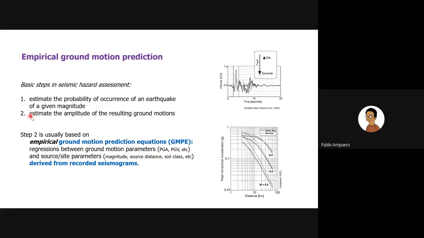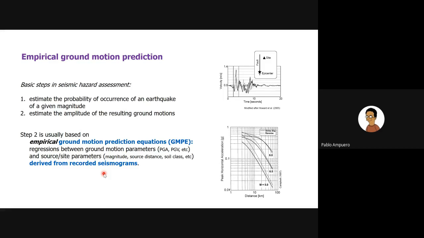Now, this second step, the ground motion prediction, is usually based on an empirical approach, which uses ground motion prediction equations, which are regressions between ground motion parameters, PGA, PGV, and so on, on the one hand, and on the other hand, source or site parameters, such as the magnitude, the distance to the source, the class of soil, and so on. And these ground motion prediction equations are derived from recorded seismograms, so they are empirical.